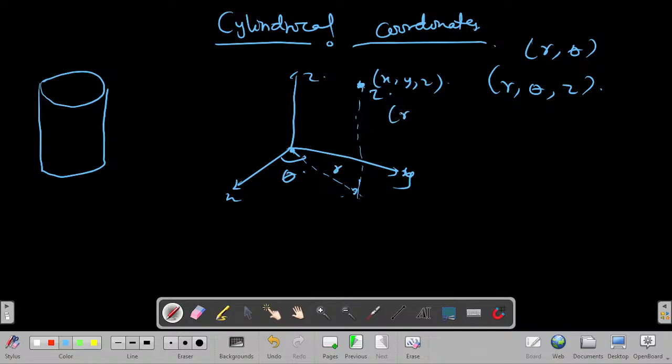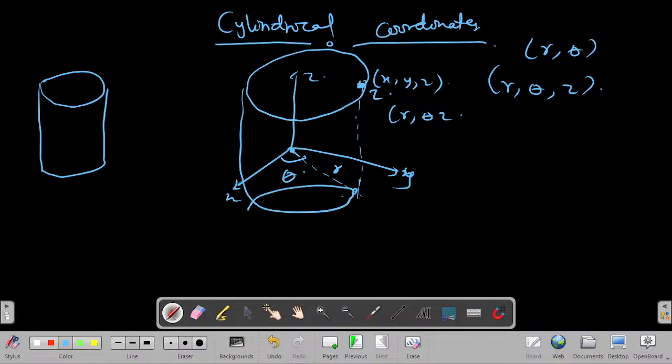Therefore, we have our r, theta, then z. The essence of cylindrical coordinates is very simple. It is just introducing a z. You can see clearly that if I rotate it about my origin, I get a perfect cylinder. So one characteristic of cylindrical coordinates is that it is parallel to z, so that I can create a cylinder.